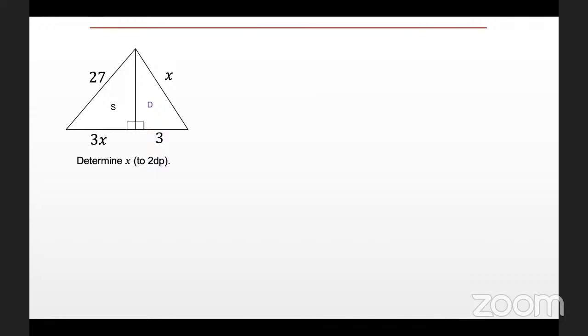So 3x squared would be 9x squared, so a squared plus 9x squared equals 27 squared, which is 729. So now I have a squared plus 9x squared equals 729. What do I do from here?